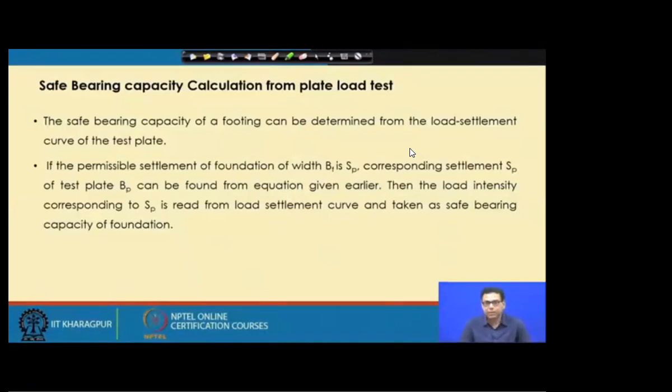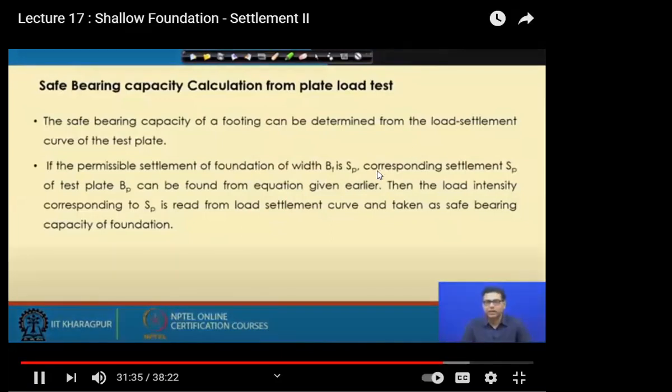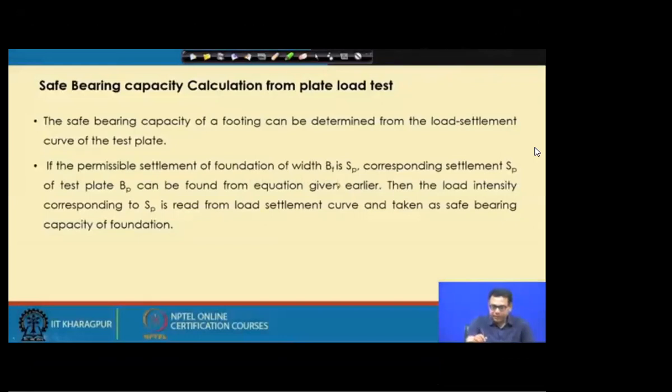Say we have the permissible settlement SP of a real foundation of width BF. Note that this is not the plate; this is the permissible settlement of a real foundation.